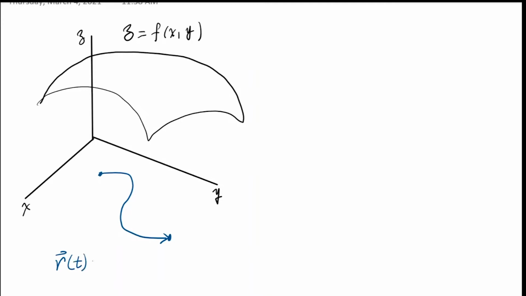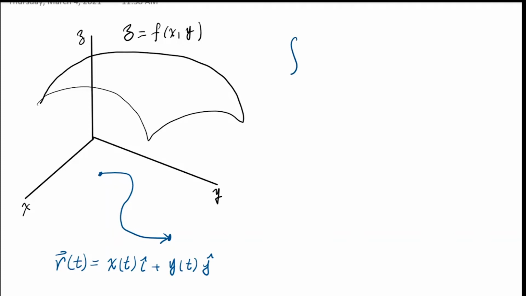You still remember vector functions? Some kind of parametric in x, i vector, plus some kind of parametric in y, j vector, that vector function. So far, so good. So what we want to do is evaluate this integral.